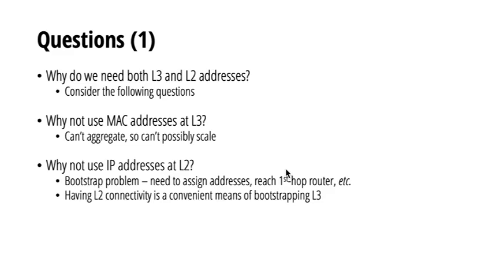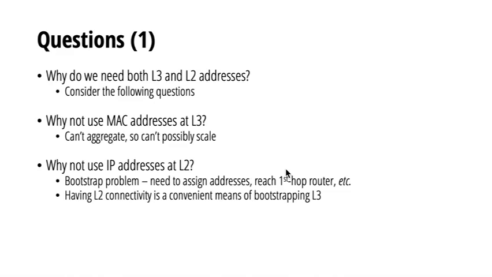And if you remember even the early steps of how end-to-end operation works, you have to get to your first hop router. So there's an initial bootstrap phase by which a host discovers its IP address and discovers how to get to its first hop router. We use L2 as a very convenient way to do this because it has that broadcast discovery mechanism. You can reach your first hop IP router once you know its MAC address. So it's a very convenient way of bootstrapping.